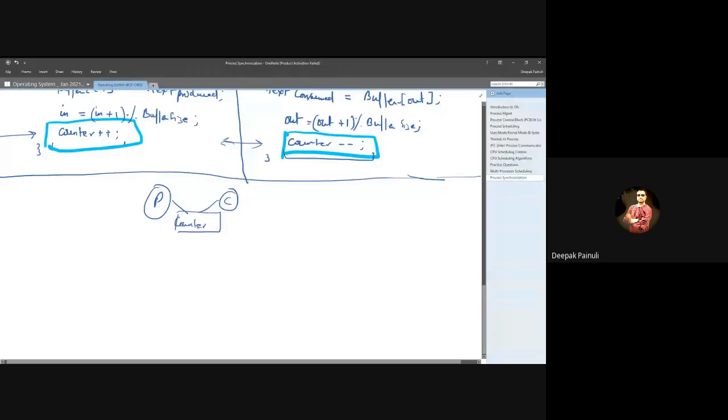What will happen if the producer and consumer both access counter concurrently? We are assuming that the consumer wants to decrement it and the producer wants to increment it, and the current value before accessing counter is 5, let's say.